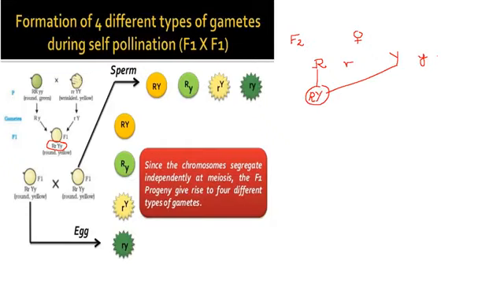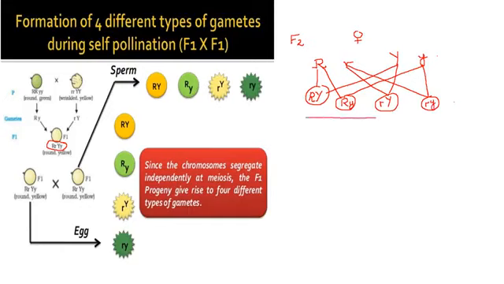So I'm getting a gamete which has two genes, and both are dominant genes, that is round and yellow. Similarly, we have to make the other three gametes also: R and Y, here small r, capital Y, and here we are getting small r, small y.